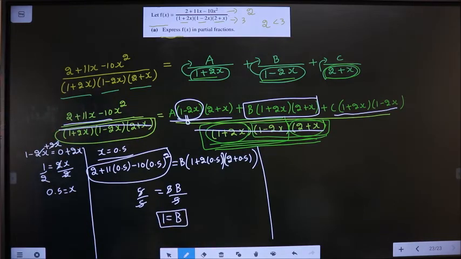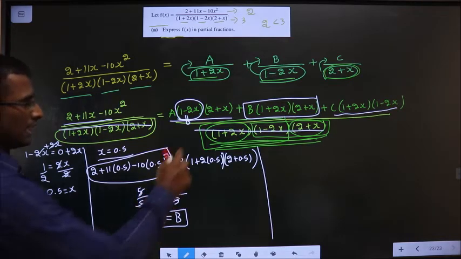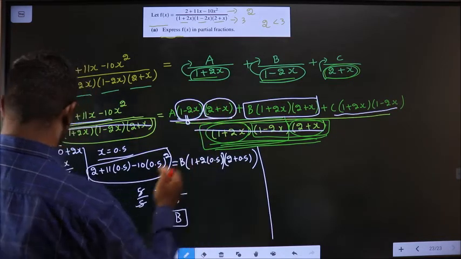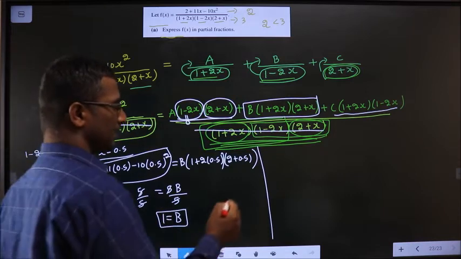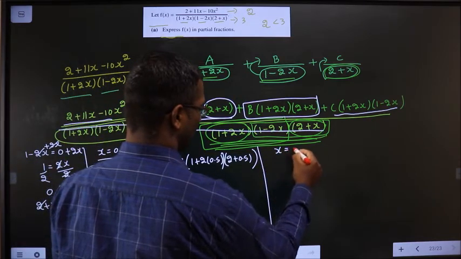Okay, next. Now I try to make the other bracket 0. I will try to make this bracket 0 now, which is 2 plus x equal to 0. Take minus 2 on both sides. So this cancels out, x equal to minus 2. So the second value that I take is minus 2.